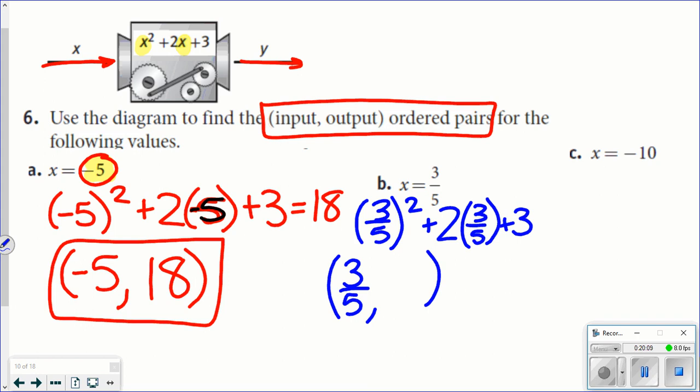If the calculator on your phone isn't sufficient, remember I put directions on how to download a calculator app on your phone, or you can use Desmos on your Chromebook. Desmos, D-E-S-M-O-S. I got 114 over 25, or the decimal of that is 4.56.